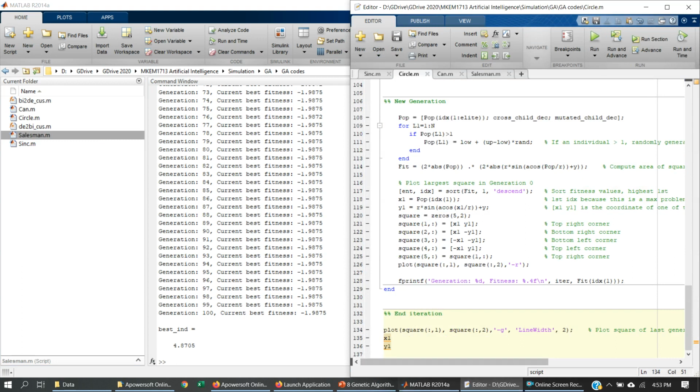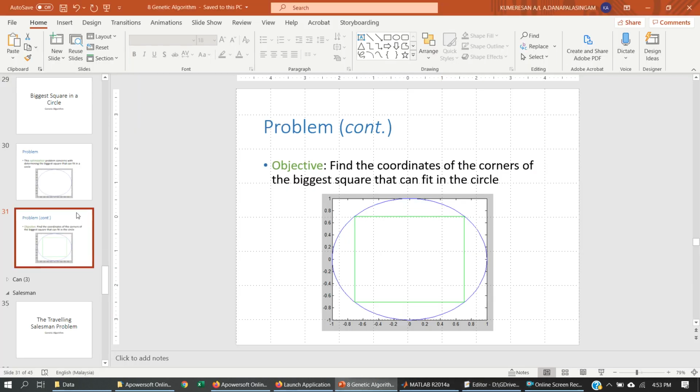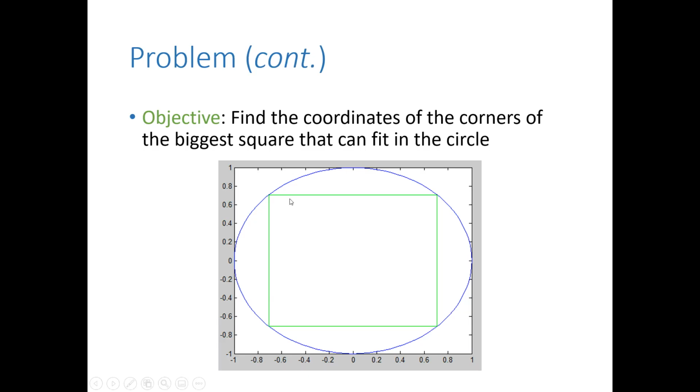So let's guess. Because this problem is easy, you can easily guess the solution, right? Obviously the biggest square should have the diagonal equal to 2, so we can compute the sides.